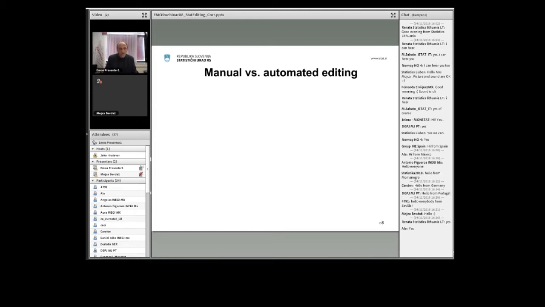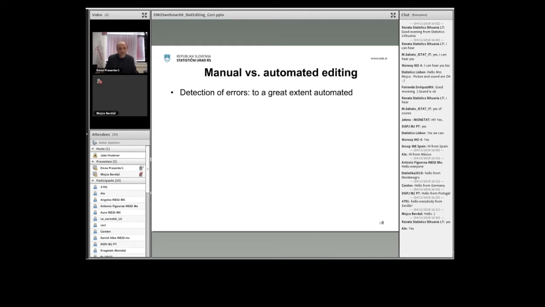One very important issue in the data editing procedures is the relation between manual and automated editing. Perhaps we say again, the whole data editing process consists of two large phases.